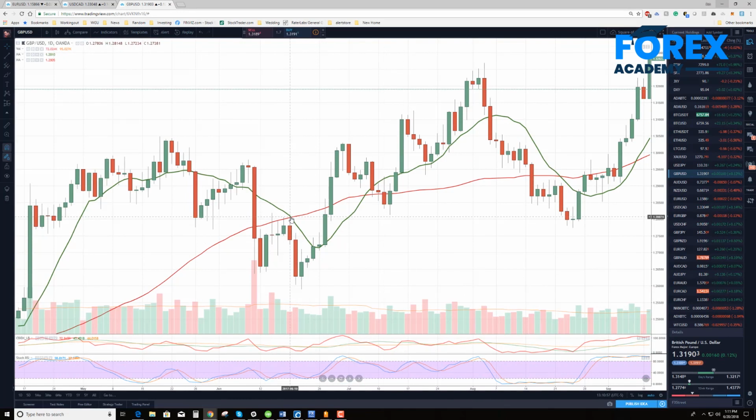Because the crossover doesn't happen until after the close of a candlestick. So this current daily, we wouldn't see the cross until after the close of this candlestick here, and if we took the short because it crossed, we would be out of money.